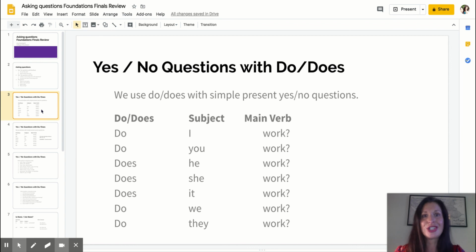Does she work? Notice that we do not say, does she works? Does she works is wrong. The S on the verb is on does. So we always use the main verb with a question using do or does.